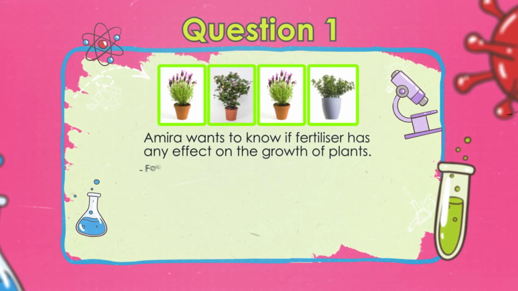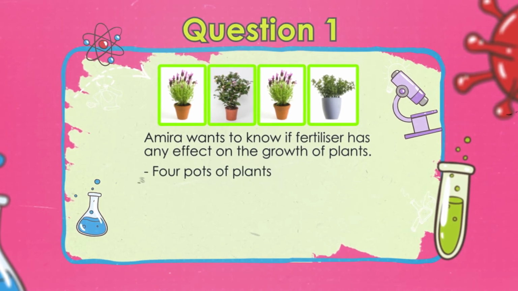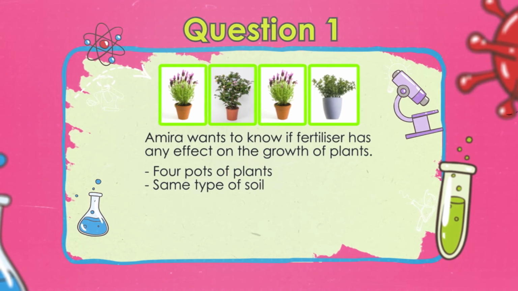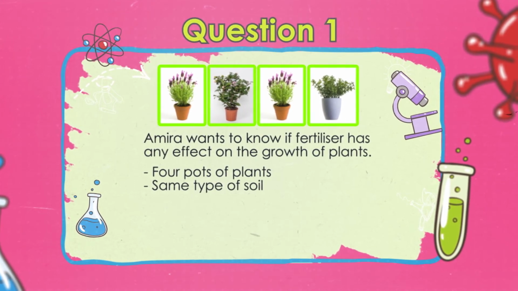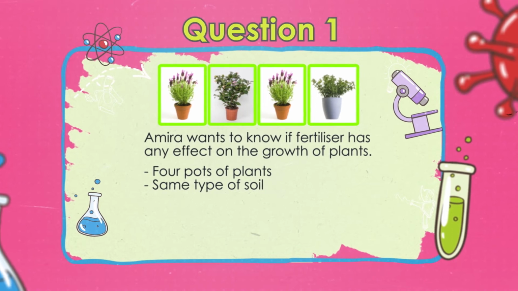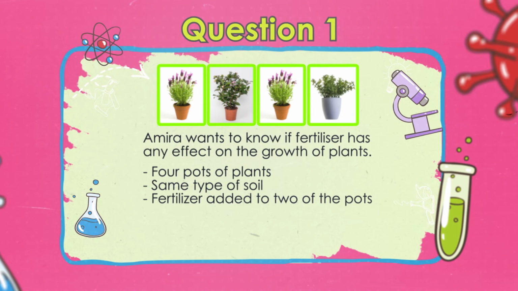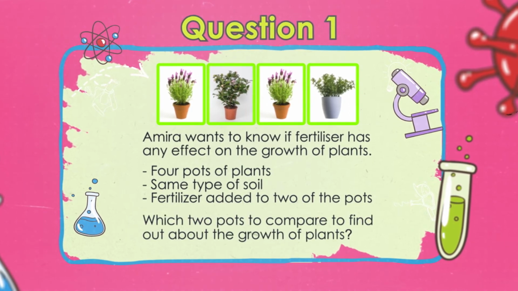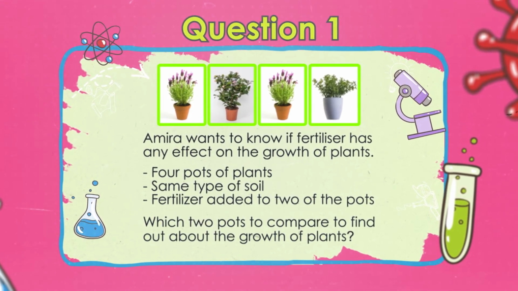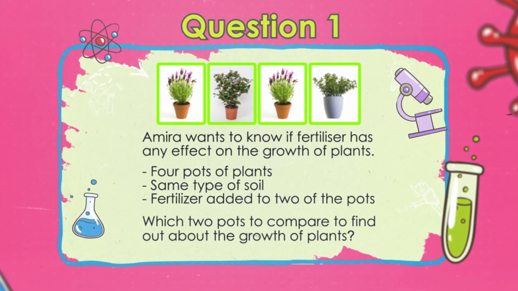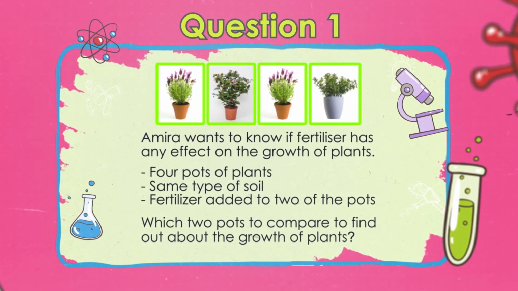She has 4 pots containing the same type of soil. She puts plants in each pot and adds fertilizer to 2 of the pots. Which 2 pots should she compare to find out about the growth of plants? Can you tell me what your answer is?